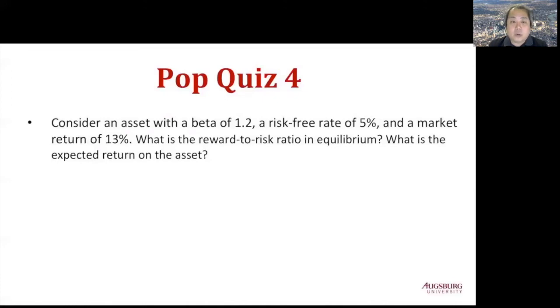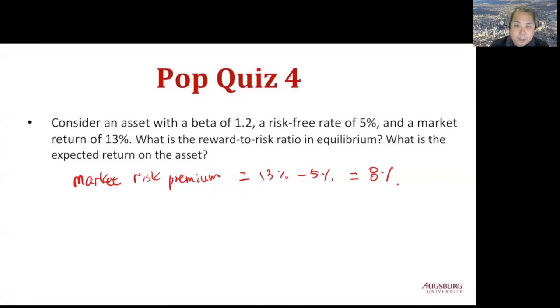To find the reward to risk ratio in equilibrium, as we noted, it should be the market risk premium, which is 13% minus 5%, 8%.